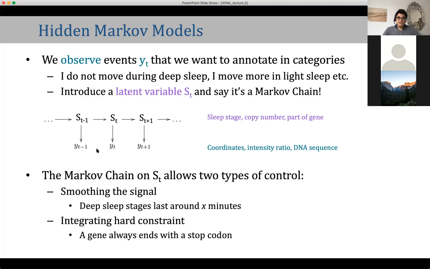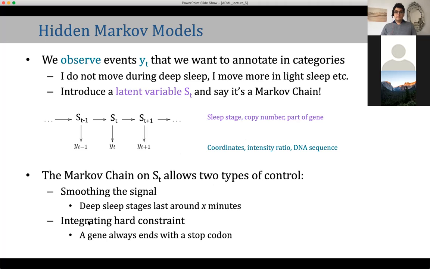So we have a noisy observation, but we can say, okay, all those observations vary a lot, but in fact they correspond to some stages. And we can put some knowledge about how much time we expect them to stay. Okay, so that's the first thing that we can do with a Markov chain.